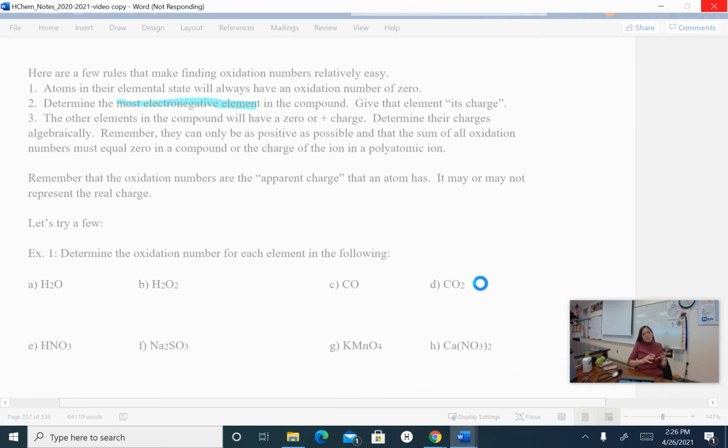If the water has to add up to 0 and oxygen is -2, then -2 plus what equals 0? +2. I've got 2 hydrogens, so the hydrogens together have to add up to +2. So each of the hydrogens has to be +1, don't they?